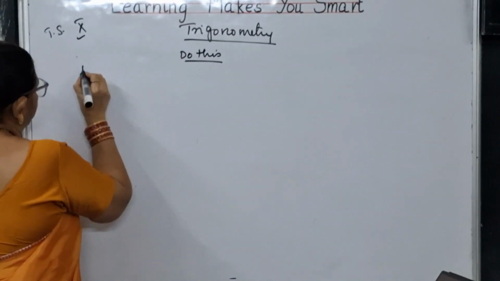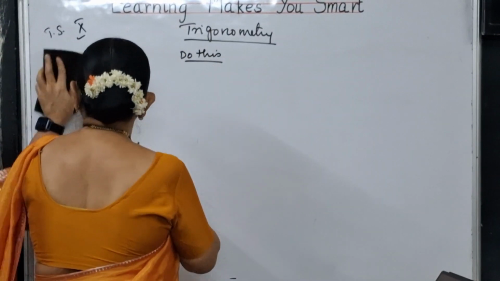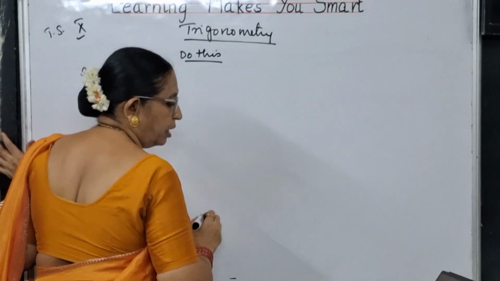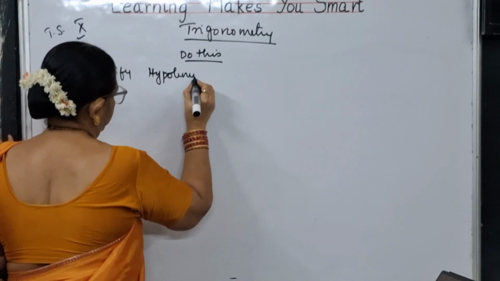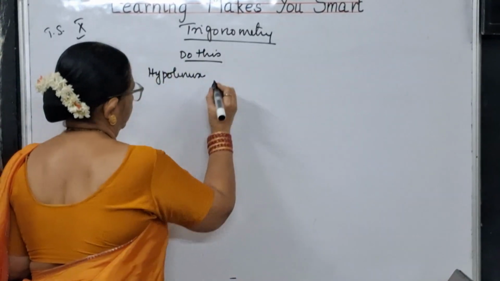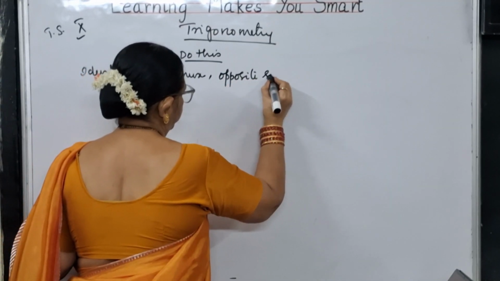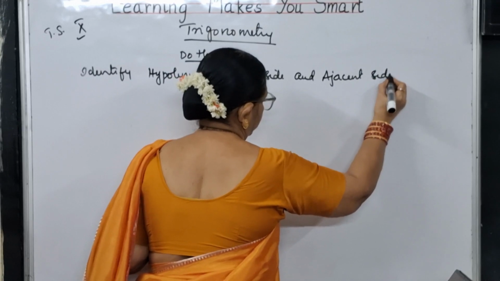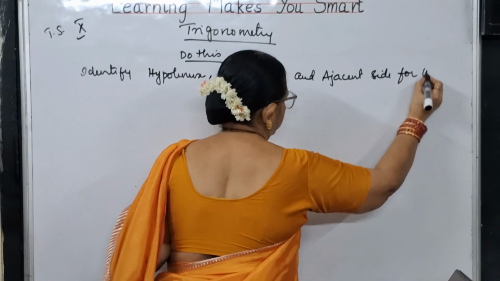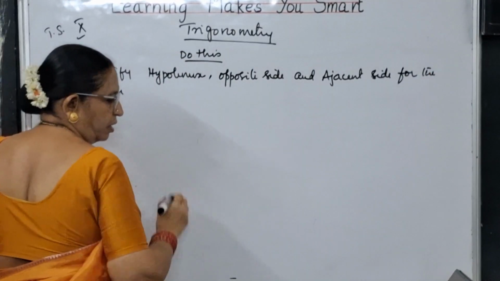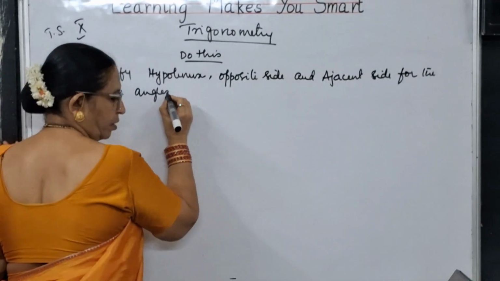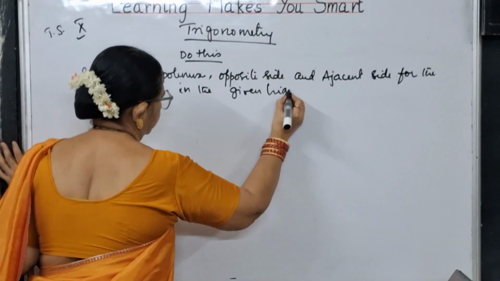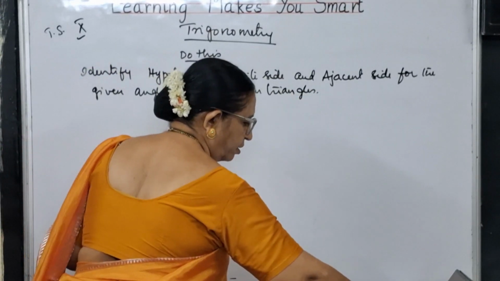As I said here, they are asking you to identify the hypotenuse, opposite side, and adjacent side for the given angles in the given triangles. As I have explained earlier, children, the same thing is here.